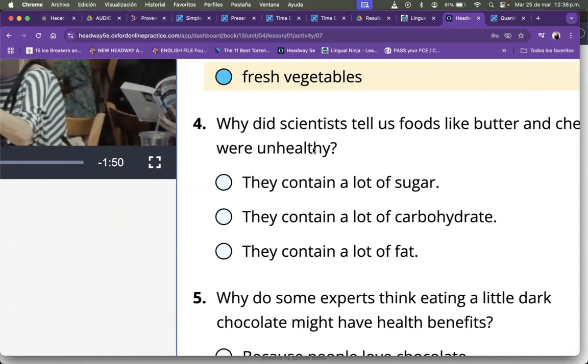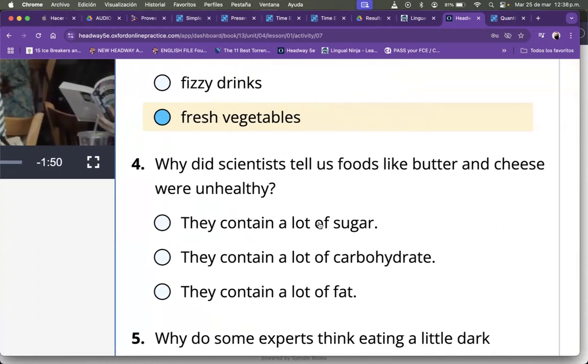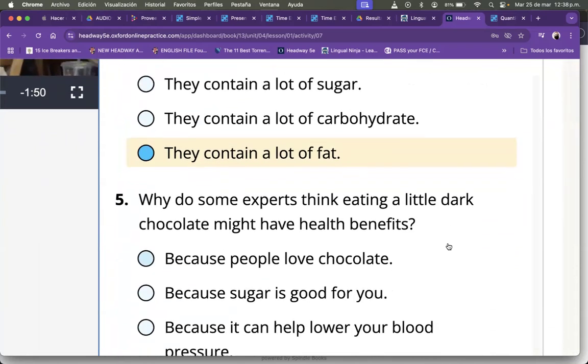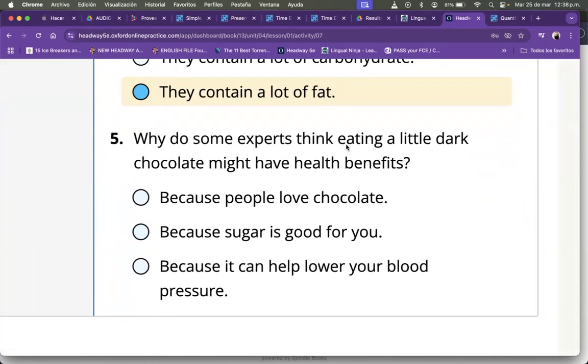No? You don't remember? They contain a lot of fat. They contain a lot of fat, okay. Why do some experts think eating a little dark chocolate might have health benefits? What are the benefits of having dark chocolate?